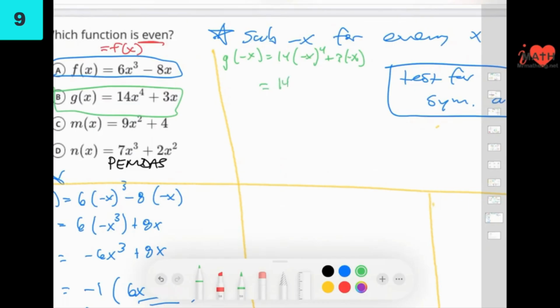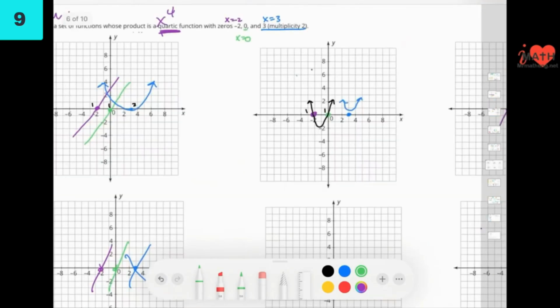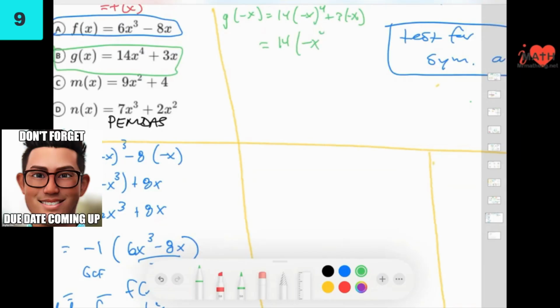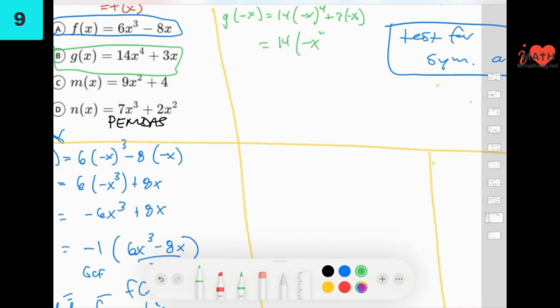And so 14, negative x to the 4th power is, no. Sorry about that. Negative x times negative x is x squared. And essentially x squared times x squared is going to be x to the 4th power. So it's going to be positive.